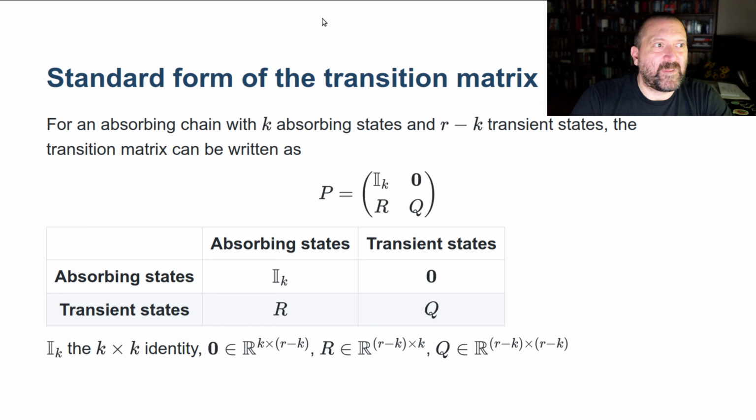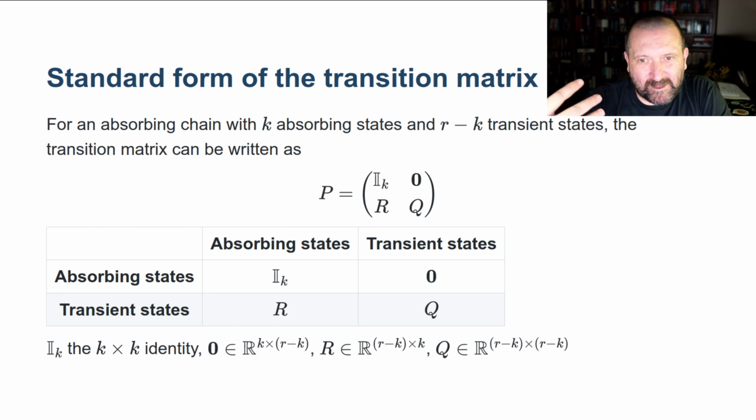Now, from a matrix aspect, an absorbing Markov chain means the transition matrix is reducible. I was talking before about irreducibility.